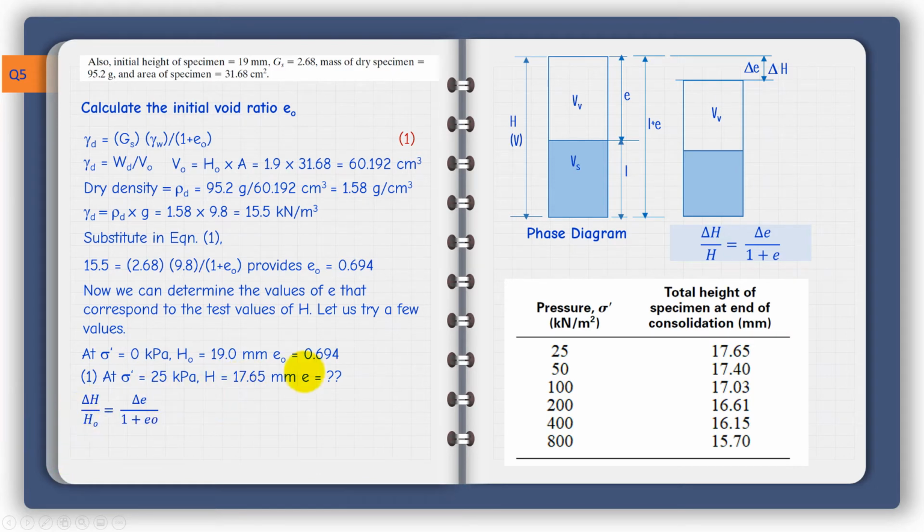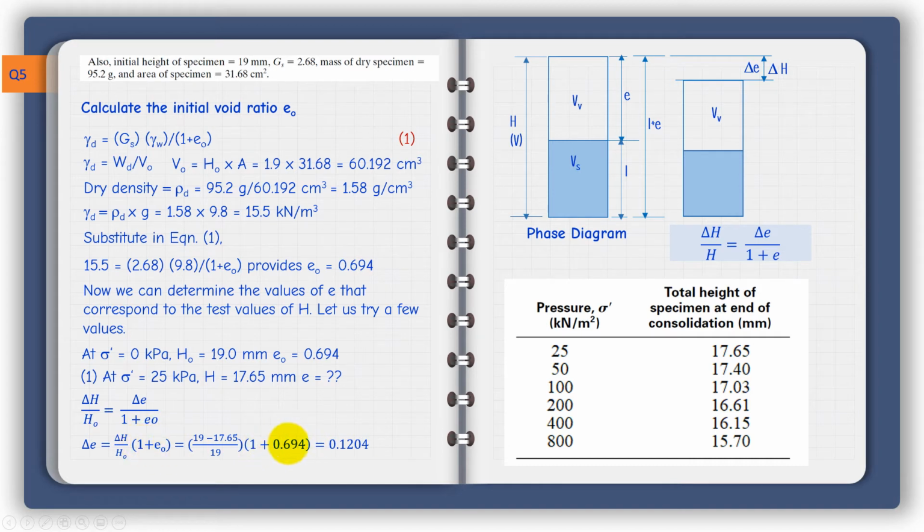We use this equation, like I said, delta H over H equals delta e, which is the change in the void ratio, divided by 1 plus e, and I should be able from this to rearrange things and get delta e. So I have 19 millimeters, the initial height, minus 17.65, the final height at this particular pressure, divided by the initial height H naught, 19 millimeters, and I multiply this by 1 plus e naught.